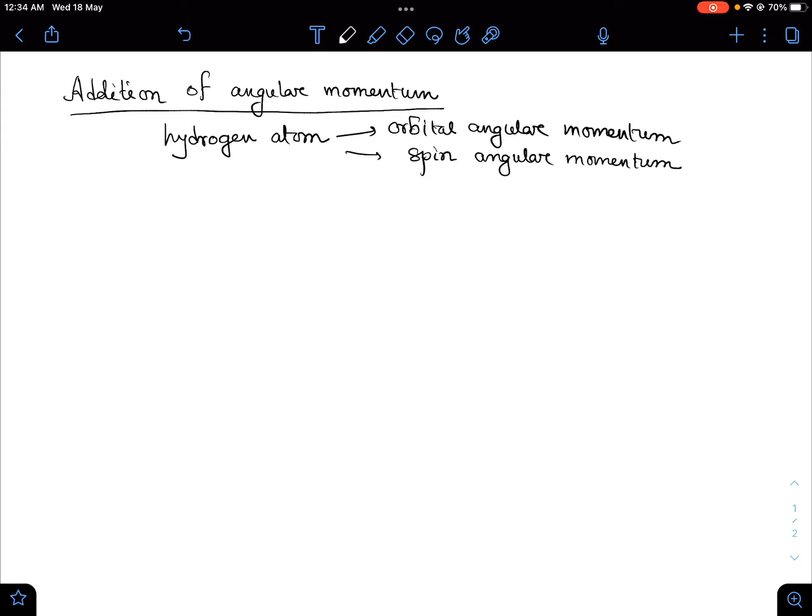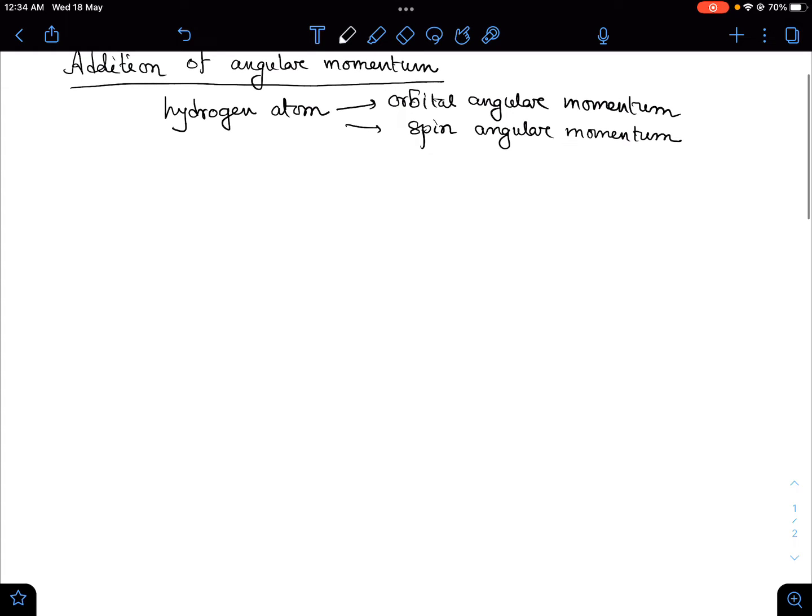The orbital angular momentum is due to its orbiting motion around the proton, and the spin angular momentum is due to its intrinsic spin. Until we know how to do this addition of angular momentum, we cannot describe or discuss properties of the hydrogen atom. That is why it is extremely necessary to know how to add different angular momenta. So let us proceed with that.